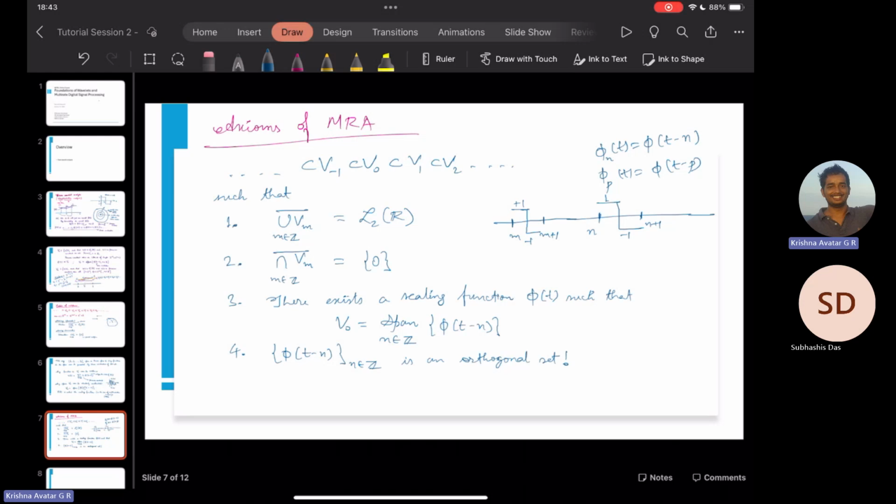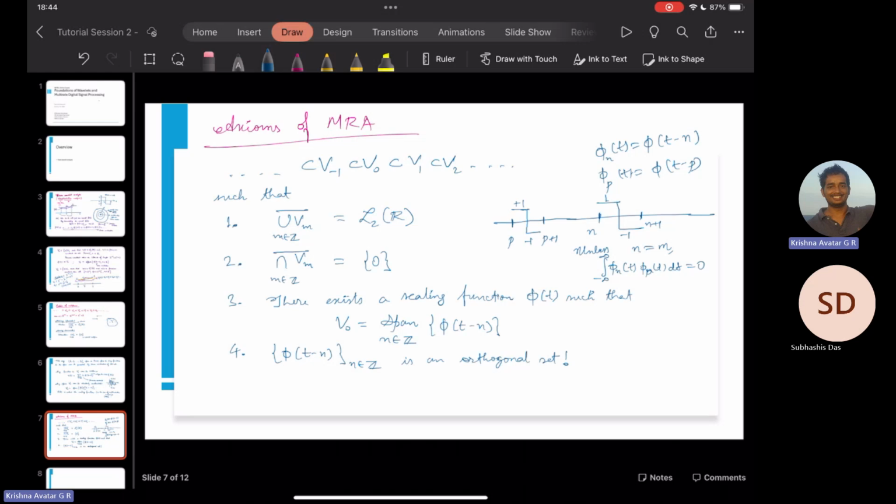Now what you see from this is that unless n is equal to p, the integration of the product of phi(t minus n) and phi(t minus p) over the entire time axis is 0.